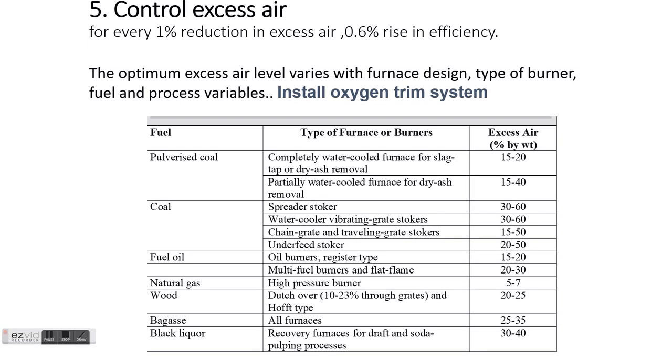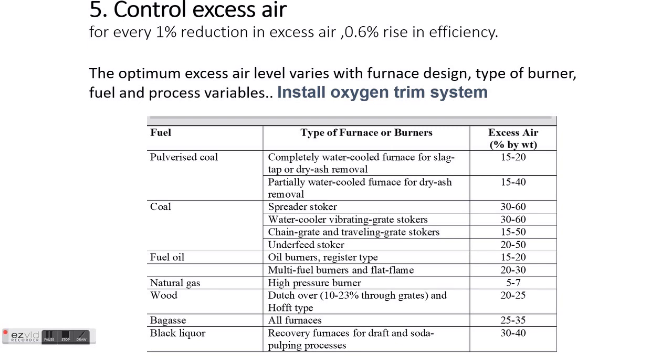5. Excess air control. Excess air is required in all practical cases to ensure complete combustion, to allow for the normal variations in combustion and to ensure satisfactory stack conditions for some fuels. The optimum excess air level for maximum boiler efficiency occurs when the sum of the losses due to incomplete combustion and loss due to heat in flue gases is minimum.